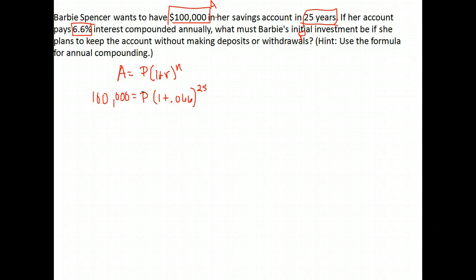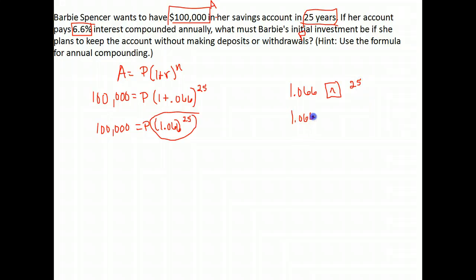Okay? Let's do some solving here. So on this side, we really can't do anything with the 100,000 yet. But on the left-hand side, we follow our order of operations once again, and first add inside the parentheses. The next thing we're going to do is calculate 1.066 to the 25th power. So again, you would multiply it by itself 25 times, which again on your calculator could be a button that looks like that. It just depends on what kind of calculator you have.